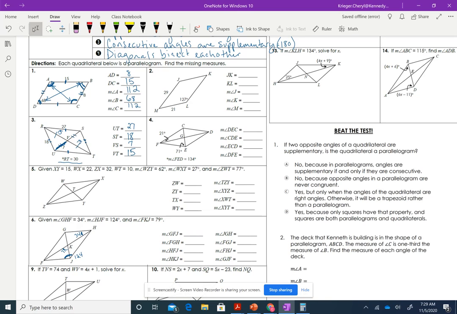So if we have parallel lines, we're going to have alternate interior angles. So if GHF is 34, what else is 34? This one right here, right? Because those two sides are parallel. So let's go ahead and solve this one at a time. GFJ.